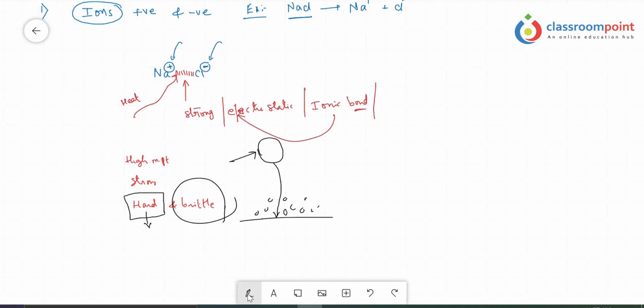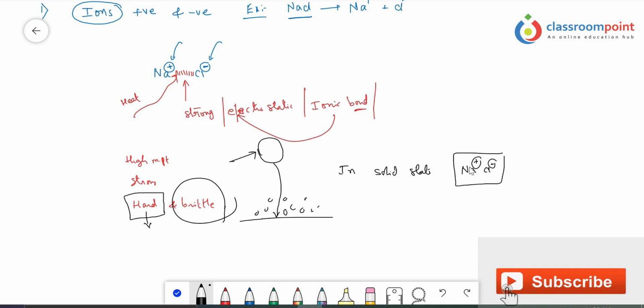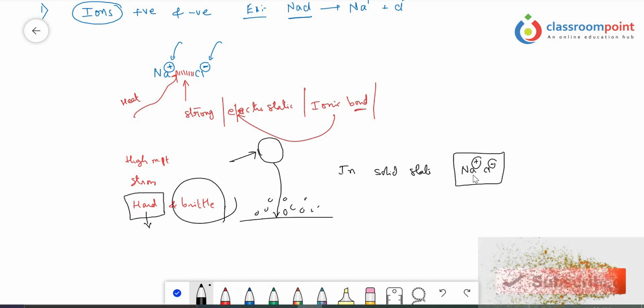One more important thing is regarding their conducting nature. Conducting nature, in the solid state. This is important. In the solid state, if you take any ionic solid like NaCl, for example, Na+ and Cl- ions are there. In the solid state, these ions are not free enough to move around. They cannot move because they are fixed to their positions.